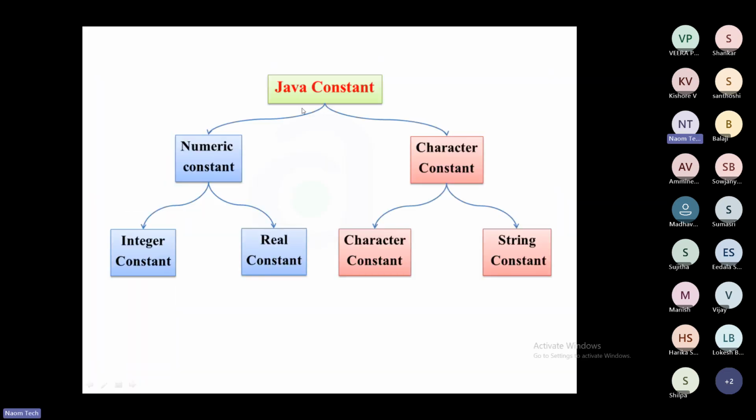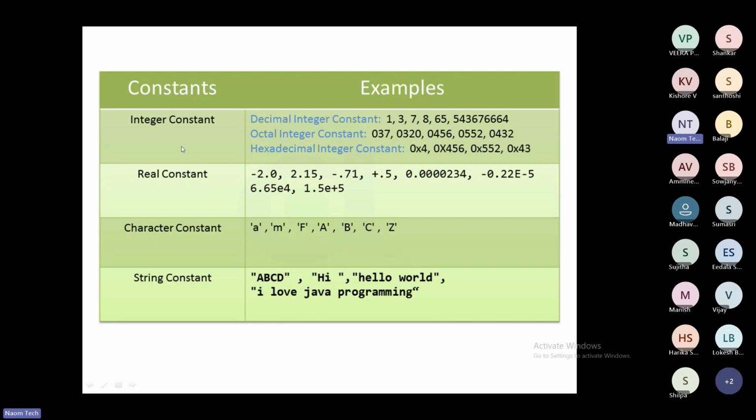Next, now Java constants. You can see the categorization. We have numeric and character constants. Again, under numeric you have integer and real constants. Under character we have character constants and string constants. Okay, this is the categorization. Now let's have a more detailed analysis of these constants.